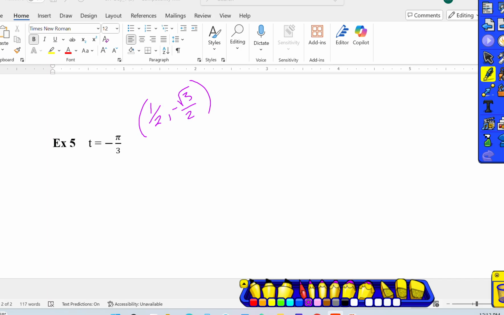Okay, so I'm going to make my list. Sine. I'm going to use t again, so I don't have to write negative pi over 3 6 times. Cosine. And tangent. Sine is the y. Negative root 3 over 2. Cosine is the x. 1/2.